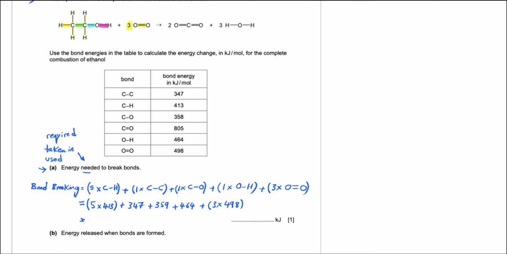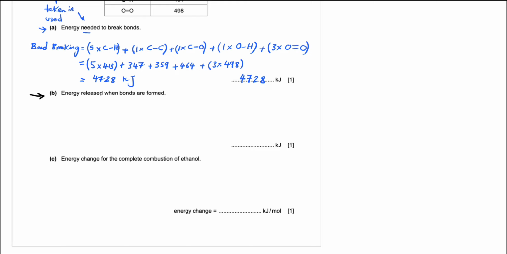And if you add up all the numbers, you're going to get 4,728 kilojoules. So the final answer is 4,728 kilojoules.